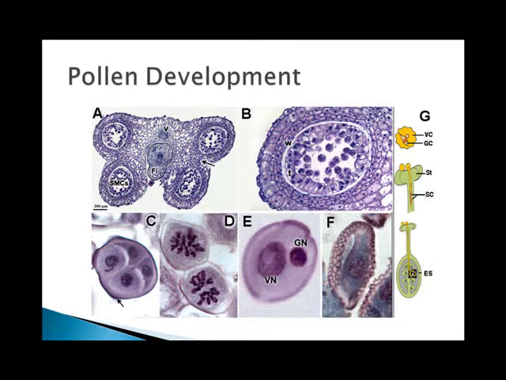Pollen grains develop in the anthers of the stamens. Pollen has durable outer coatings that are able to withstand inhospitable conditions and prevent drying out. The formation of pollen follows these steps.